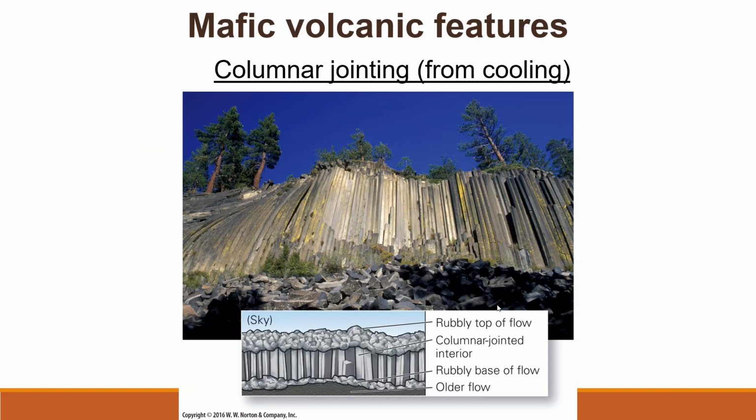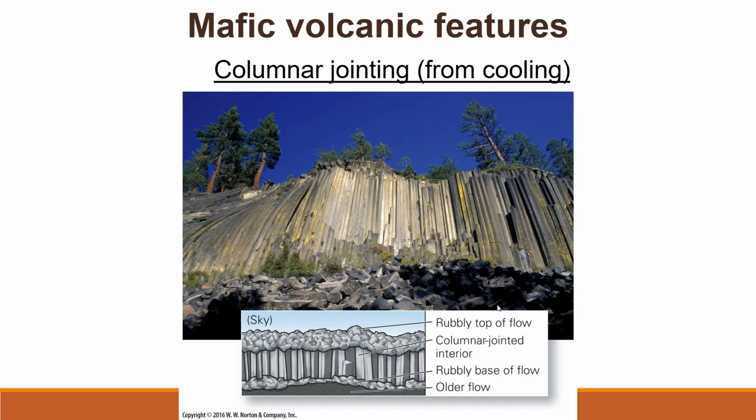We can have an interesting formation called columnar jointing. This forms due to cooling. This develops when the interior of a flow will cool and crack. So this one is Devil's Postpile in California.